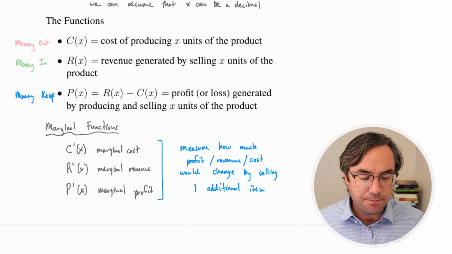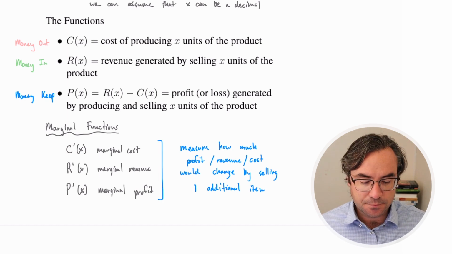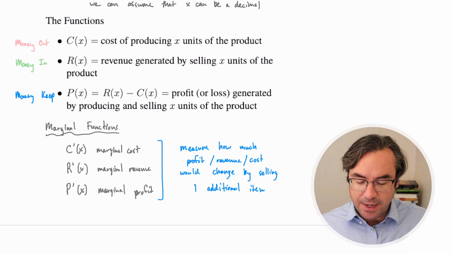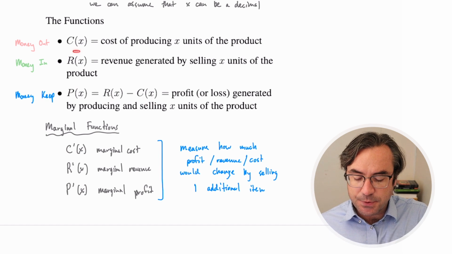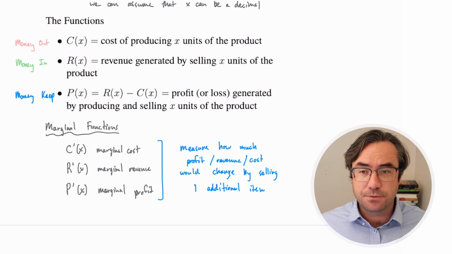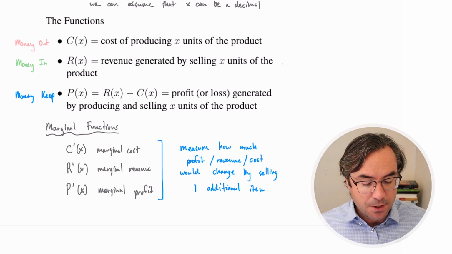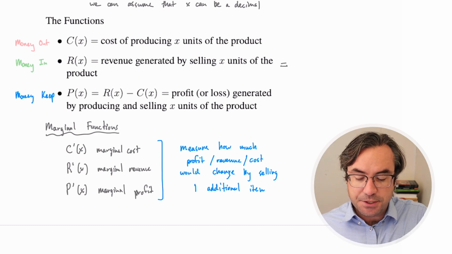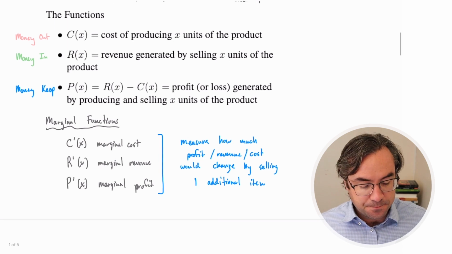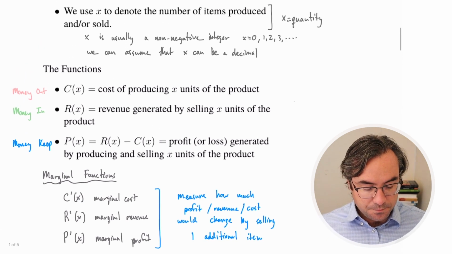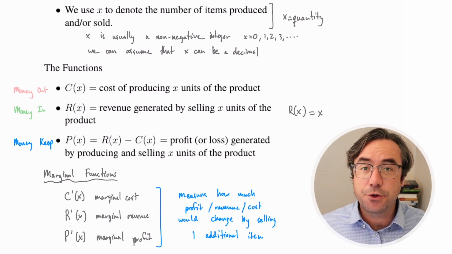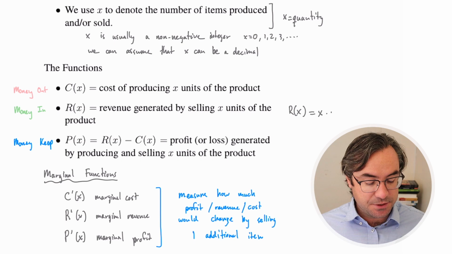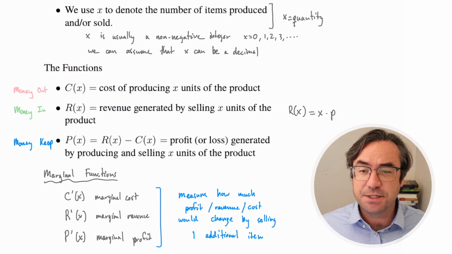Now, one other thing before we go on. We have a formula for profit. Profit is revenue minus cost. Sometimes we also have a formula for revenue. A lot of times in these examples, revenue is going to be the number of items that we produce times the price that we sell them at.